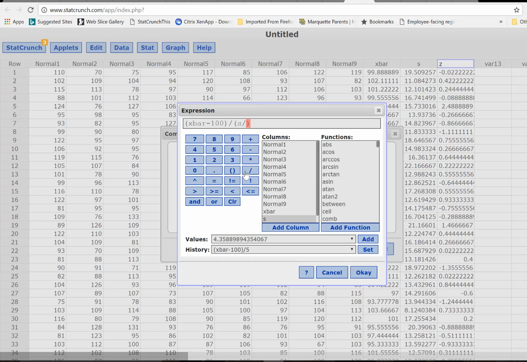The square root of 9 is 3. So it's S divided by 3. So up there, is that X bar, parentheses, X bar minus 100? Yes. In parentheses, divided by S over the square root of 9.